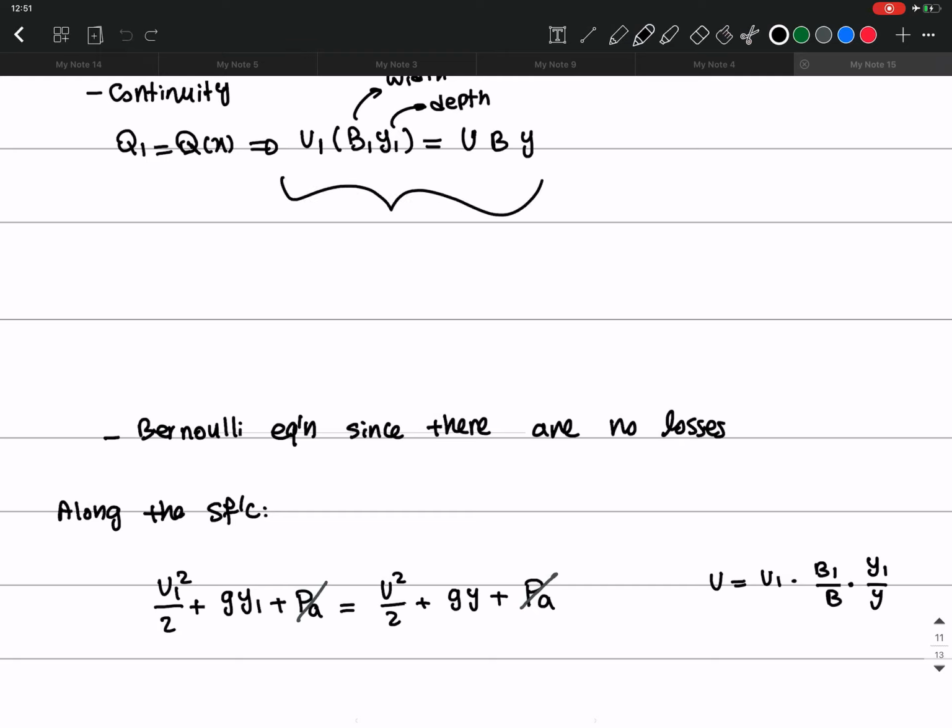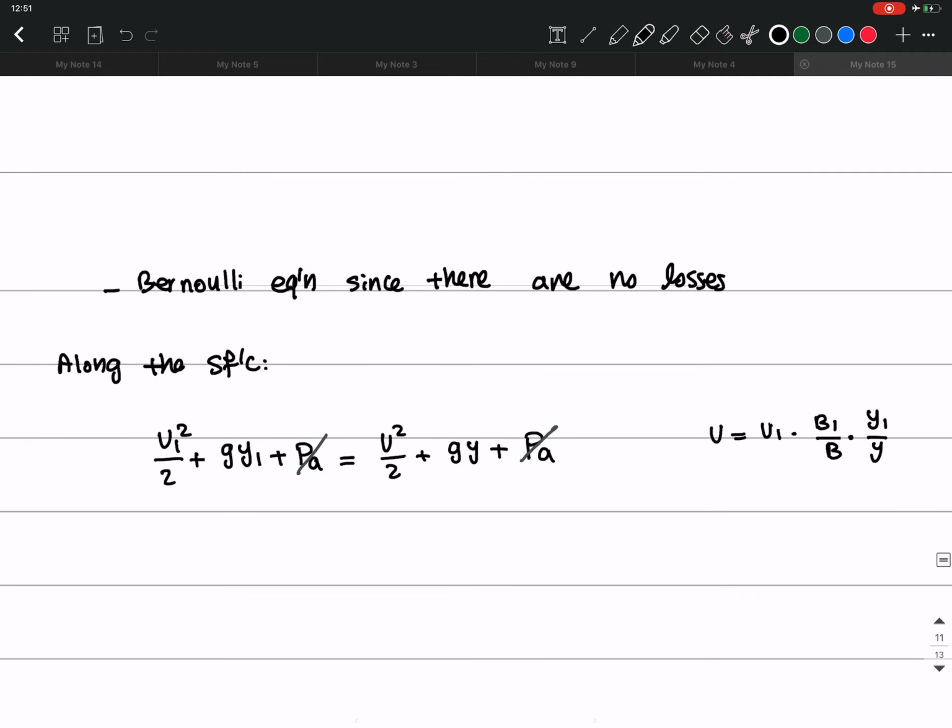Just look at it. This is from continuity. So instead here, I'm going to write it in terms of u1, so I have one less unknown. So I have 1/2 of u1 square times b1 over b square times y1 over y square. Okay.